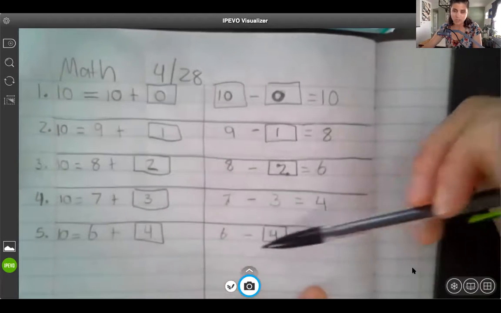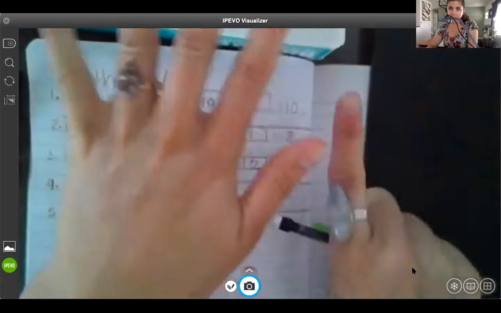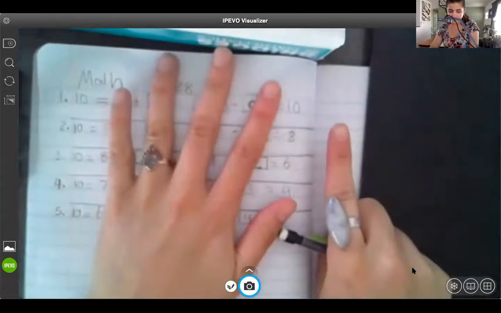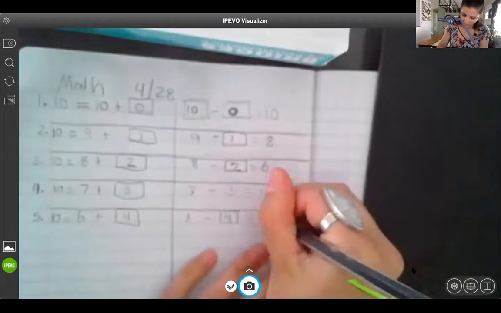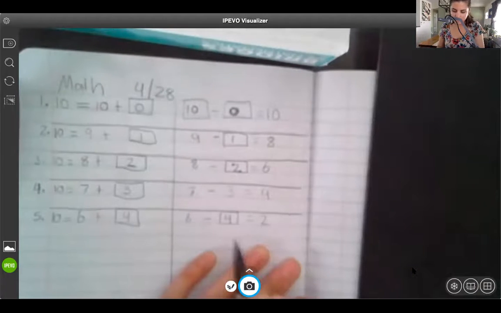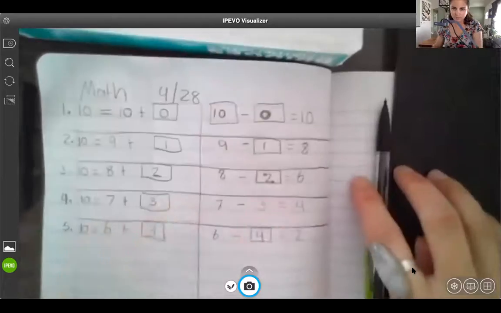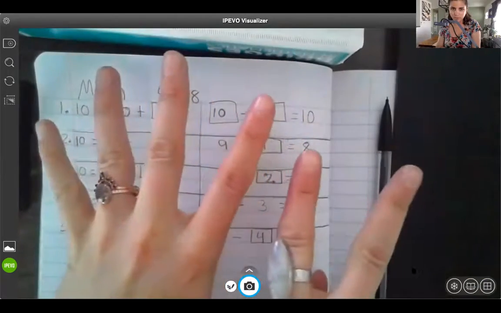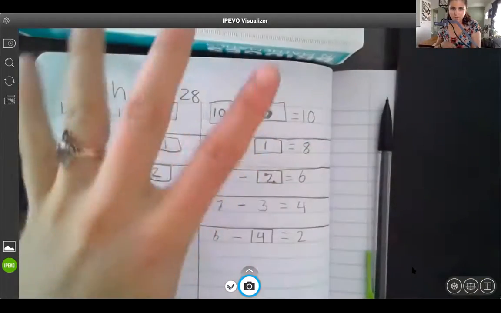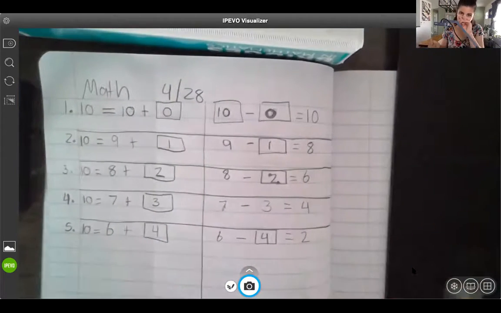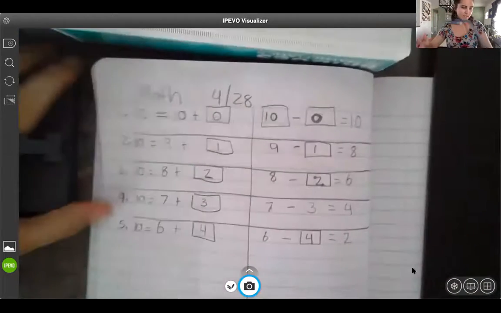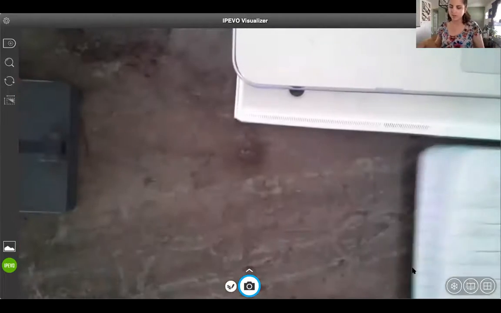Maybe you want to put 6 fingers up and take away 4 of them. How many do you have left? 2. Or you can say, I'm going to check that backwards. What's 4 plus 2? 4, 5, 6. Good job, guys.